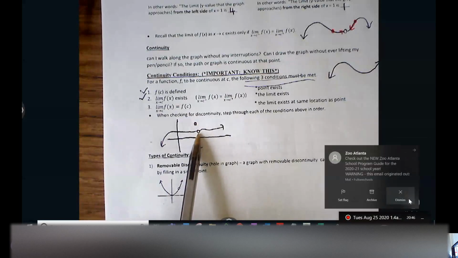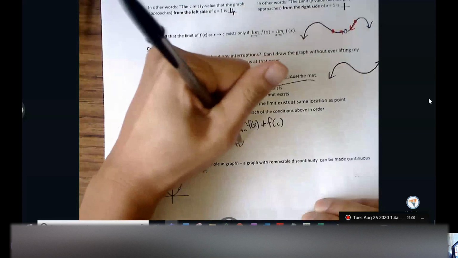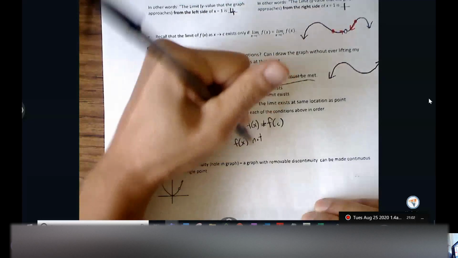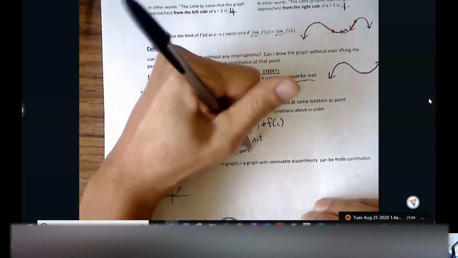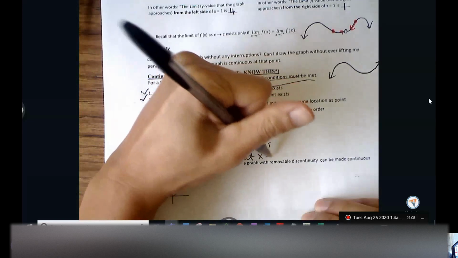We would say that because the limit as x approaches C of f of x does not equal the point, our function is not continuous at x equals C.